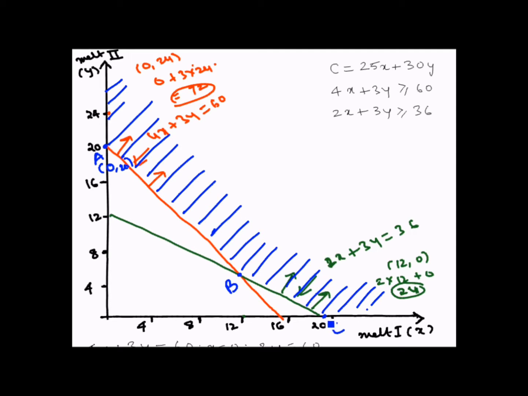For point C, the coordinates are 18 and 0. So let us find out the coordinates of B, and then we'll use these three coordinates to find out the optimal solution. So the coordinates of point A are 0 and 20.